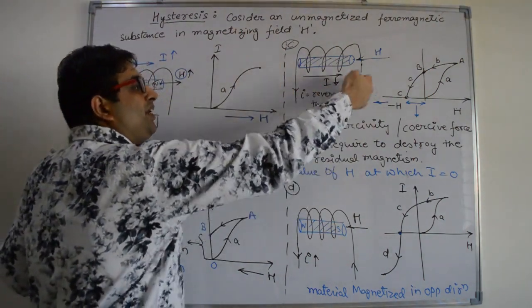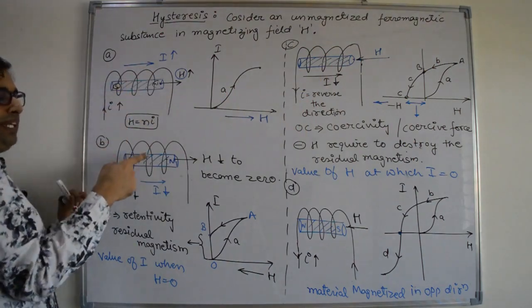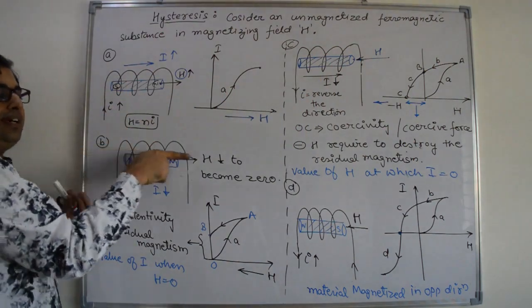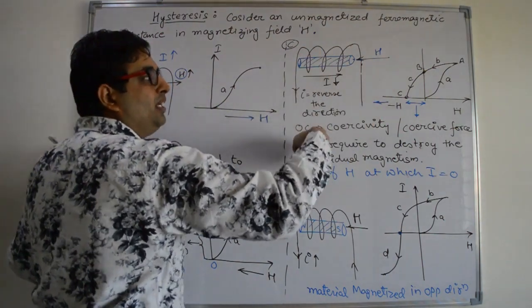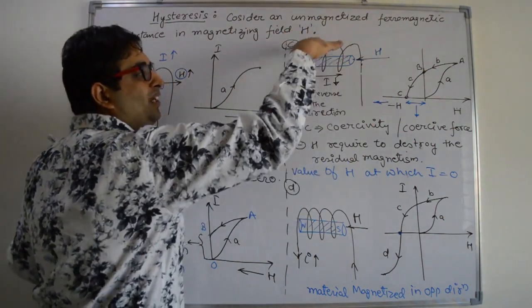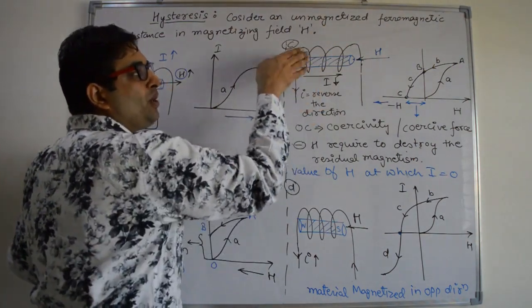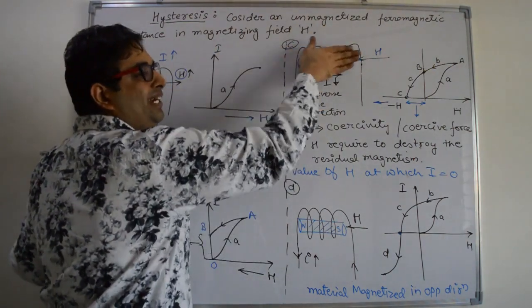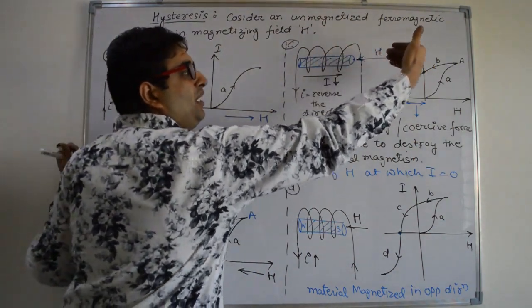Now we are reversing the direction of current. Initially it was clockwise, so the material was magnetized in the right direction. Now we are reversing the direction of current, and this material will start demagnetizing. Why? Because initially it was magnetized in the right direction. Now we are applying a magnetic field in the left direction.